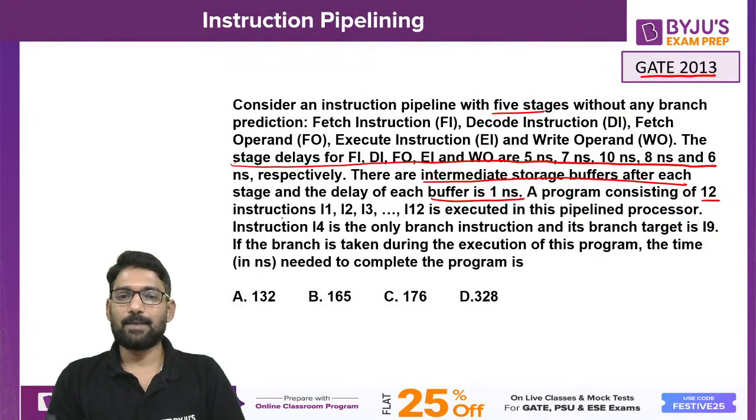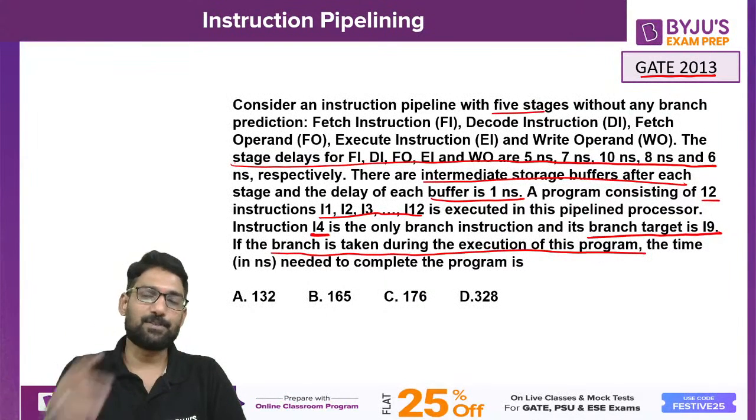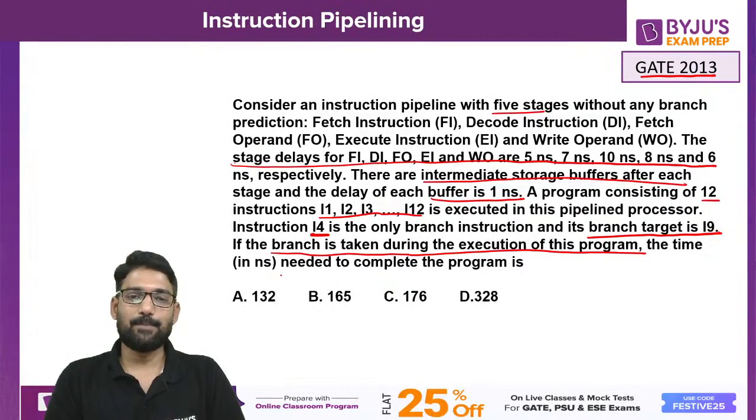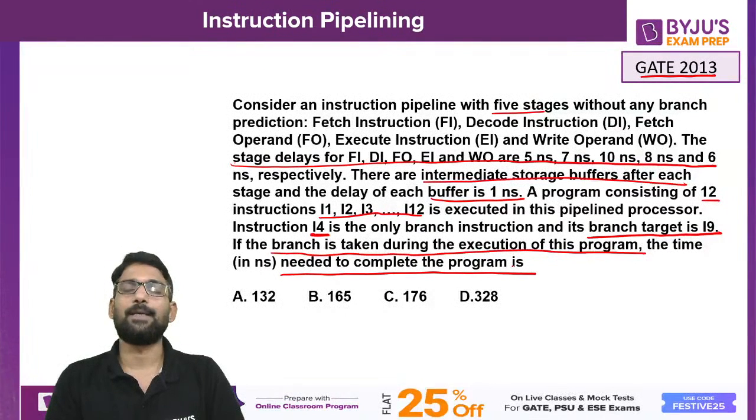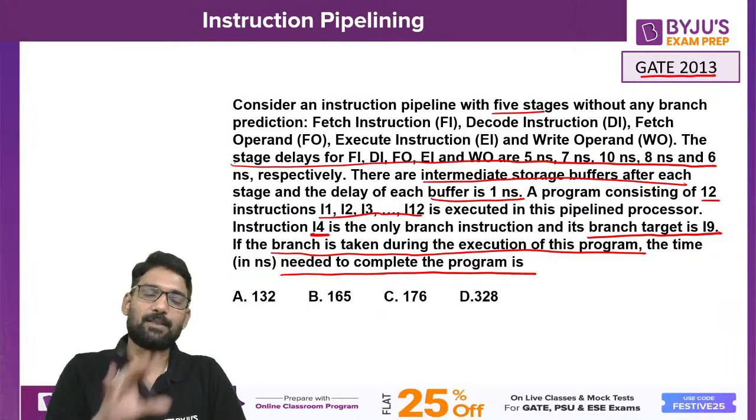A program consisting of 12 instructions is executed. Instruction I4 is the only branch instruction and its branch target is I9. If the branch is taken during execution, meaning during the EX phase the branch is taken, then the time needed to complete the program is. Read the question thoroughly.